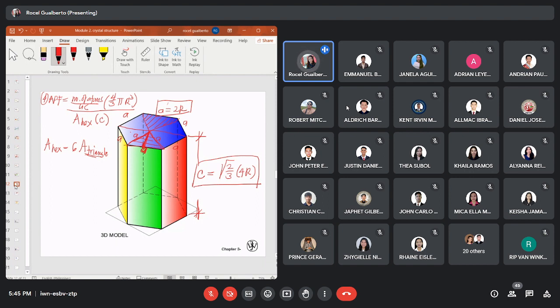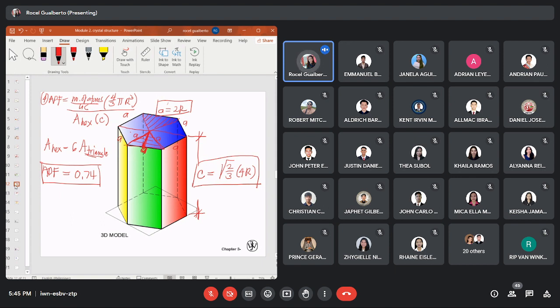Okay, so ibig sabihin, yung area ng hexagon should be in terms of R din. Okay, tapos yung taas, R din po, kaya you would have the value of your APF. Okay, APF for an HCP, that is also equal to 0.74. Okay, so this is what you will do. Okay, so at home, you try to derive, okay?